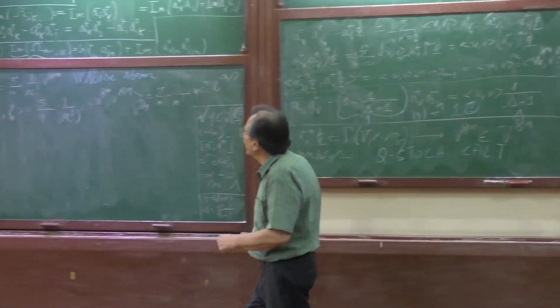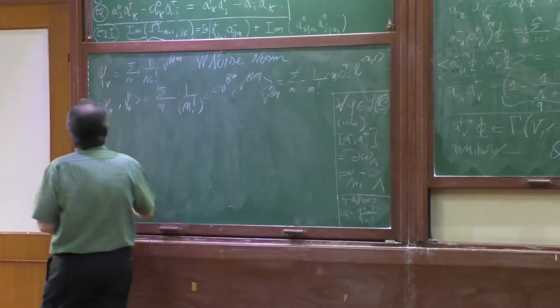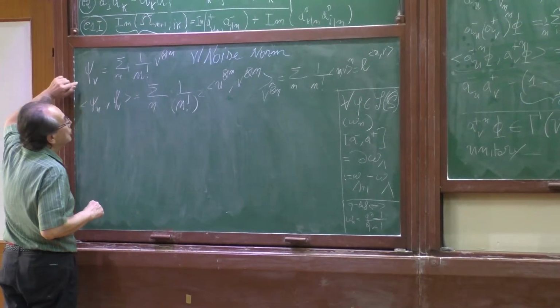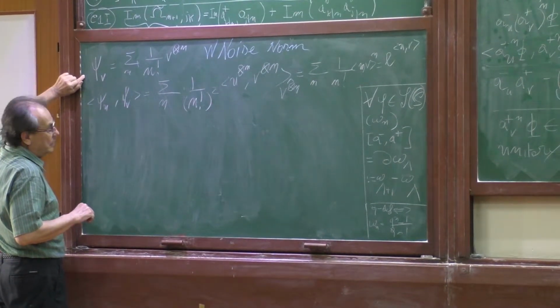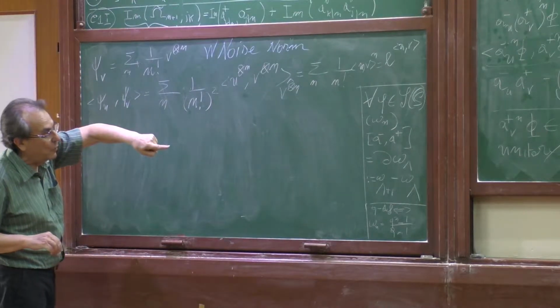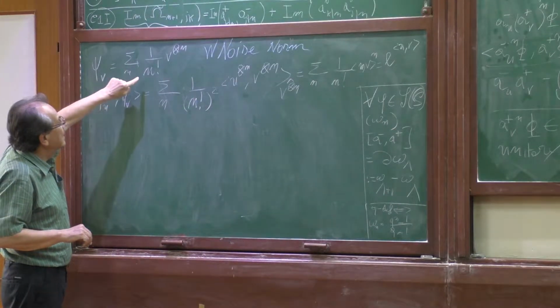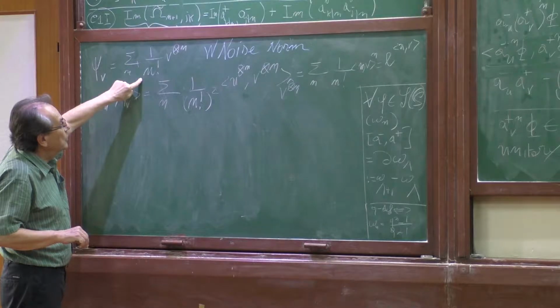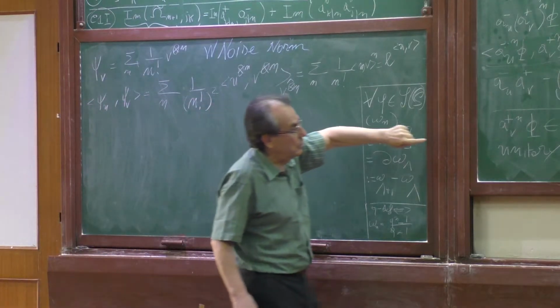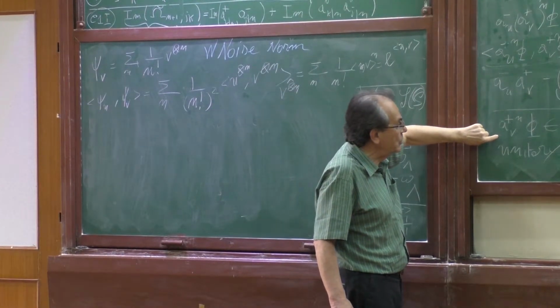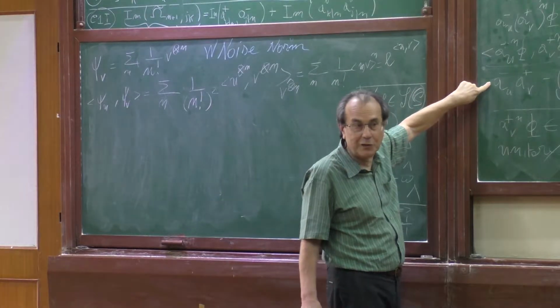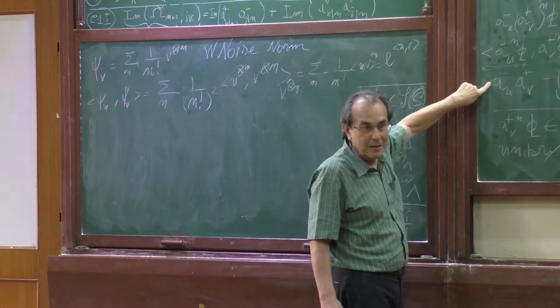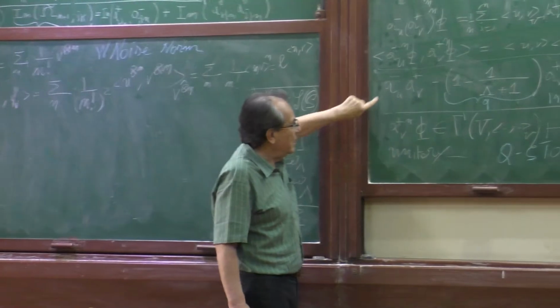But in white noise, they use the same isomorphism, but this isomorphism is not compatible with the commutation relation. Okay?